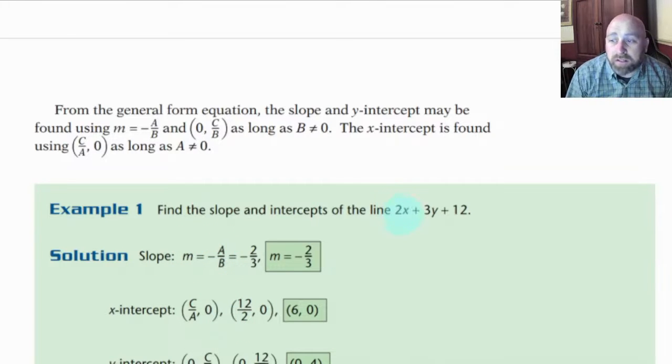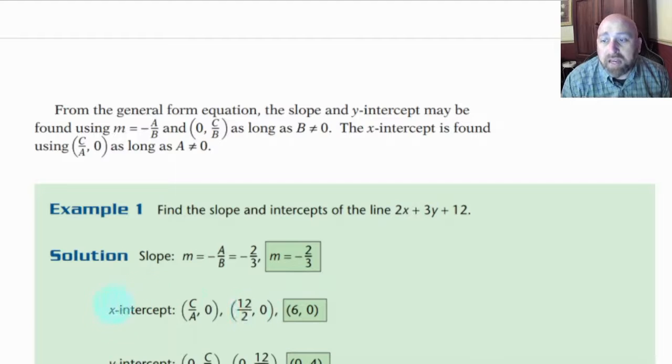For instance, in this equation right here, 2x plus 3y, we don't even have to figure it out. Remember before we solved it over to slope-intercept form, and that's how we knew what the slope was? Well, what they're telling us here is immediately we know that the slope equals negative a over b. So we just take a over b, make it negative, boom, that's our slope.